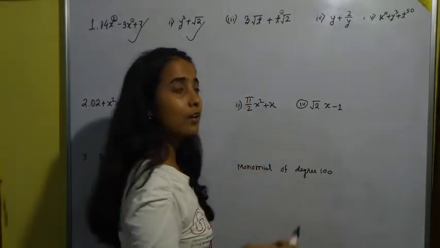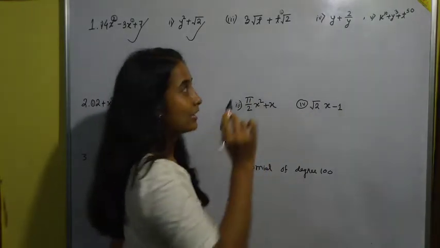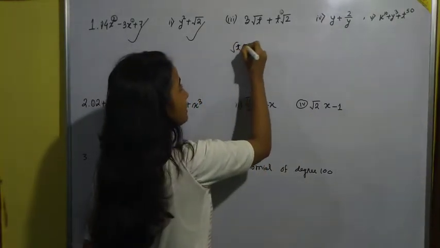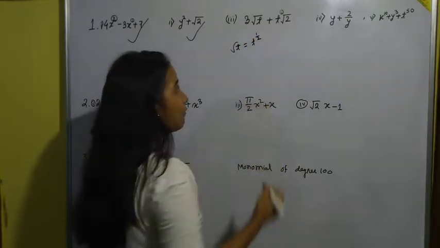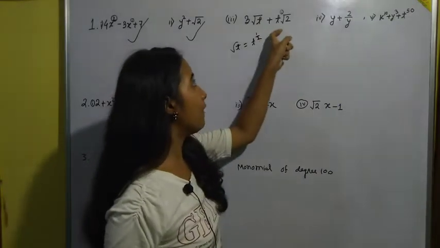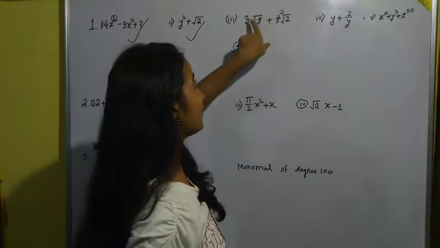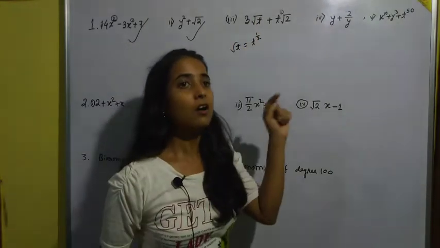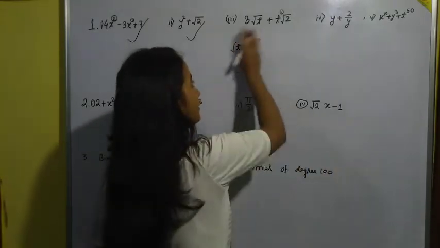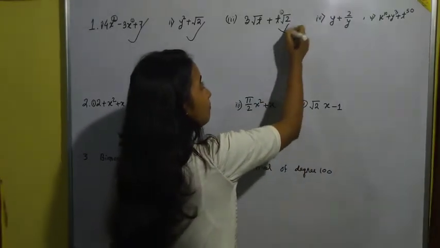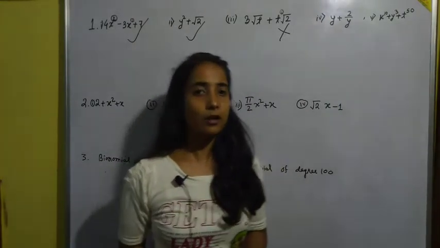The power of the variable in this term is half. We know that root over t means t to the power half. That means the power of t is 1 in one term and half in the other term. But half is not a whole number. Therefore, this expression cannot be a polynomial. That means the third expression is not a polynomial.